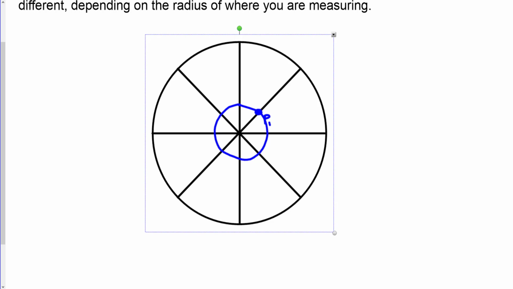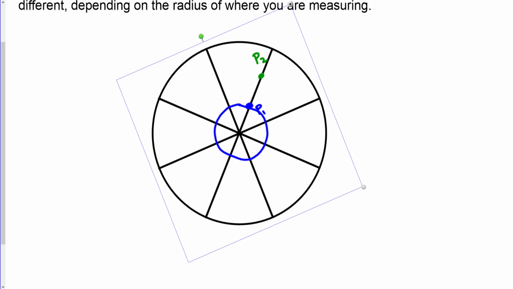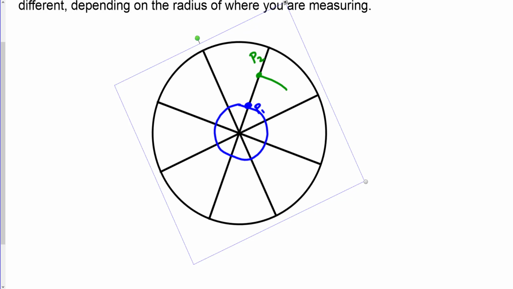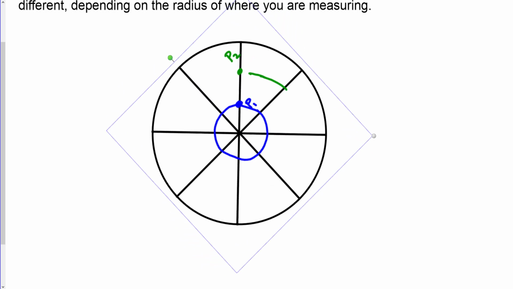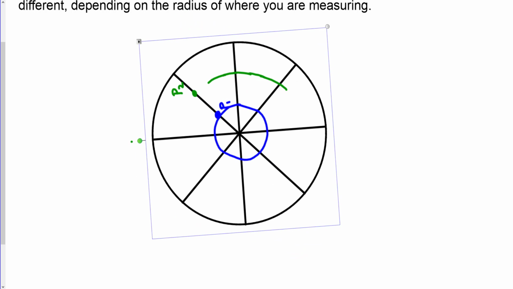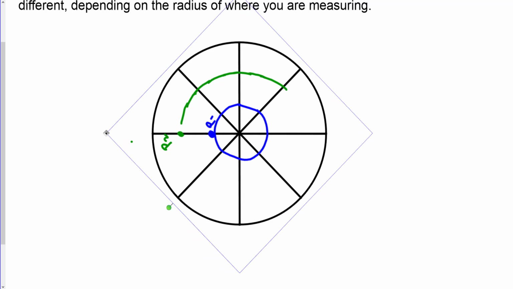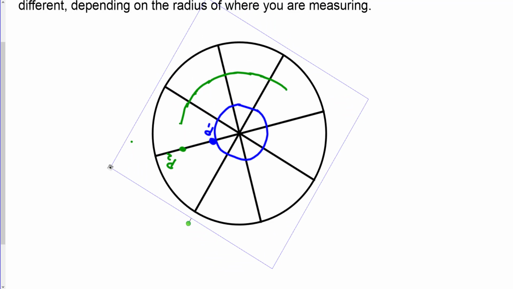Now let me draw another point, which I'll call P2. And I'm going to rotate the circle again and show you what happens next. So now as I rotate point P2, I map out this circle here, which is a little bit bigger.